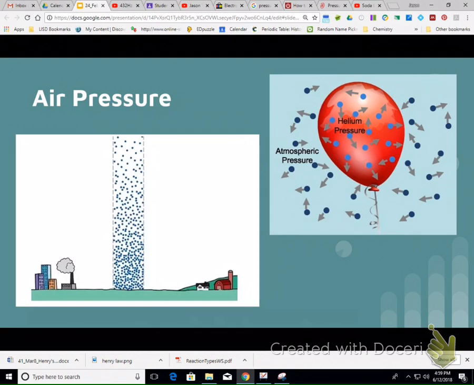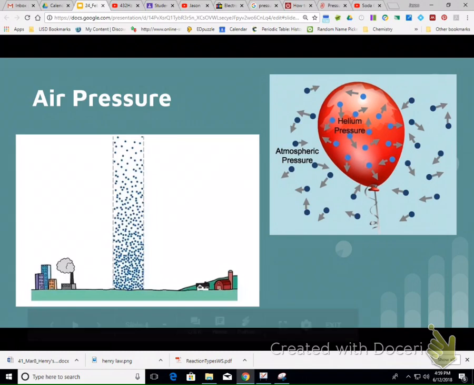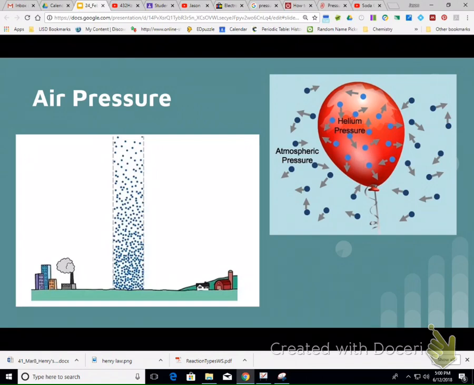This illustration on the bottom left shows what air pressure is. There is a column of air from the ground all the way up to the tip of outer space. Due to gravity, there are always more gas particles toward the bottom, toward the center of the earth, than at the top. Gas particles have a mass, so they are affected by gravity.